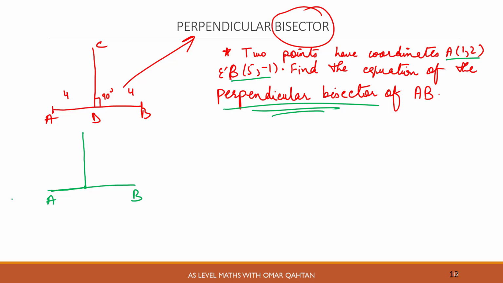So first we will try to find the midpoint of the line AB, because we need this point. It could be x comma y, or it could be anything. The strategy is to find the midpoint first. First you have to find the midpoint of the line, then you have to find the gradient, perpendicular gradient.